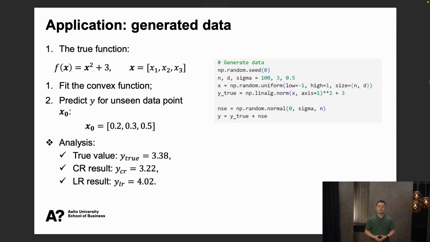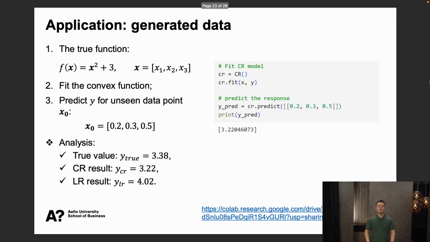Here is another example. I show you how to use multivariate regression in convex regression, which means that we have three variables, including x1, x2, and x3. We first need to generate the data. I show you how to write the Python code on this picture.